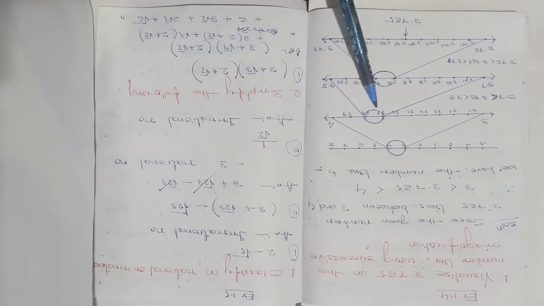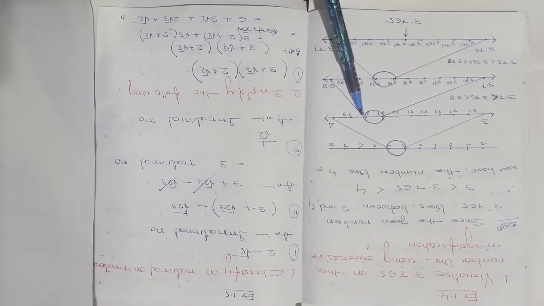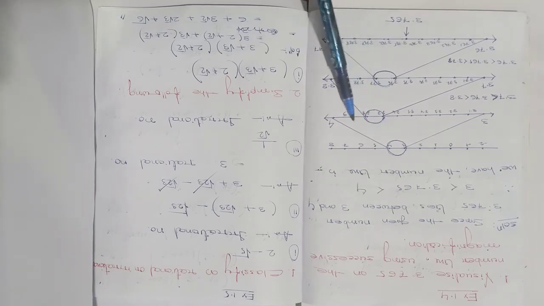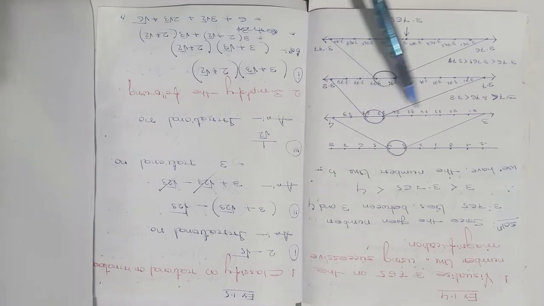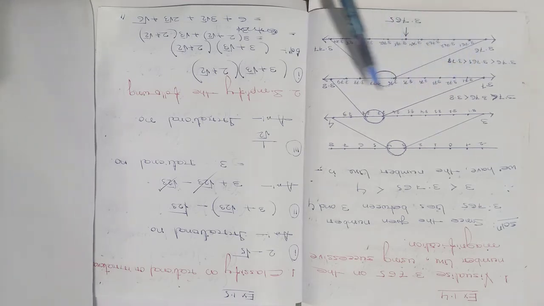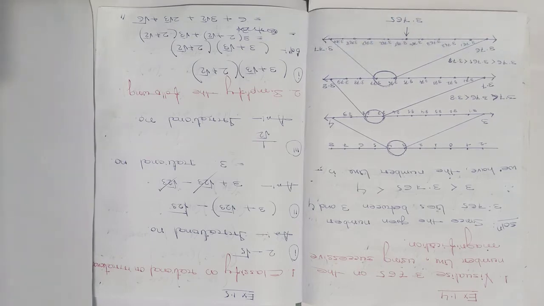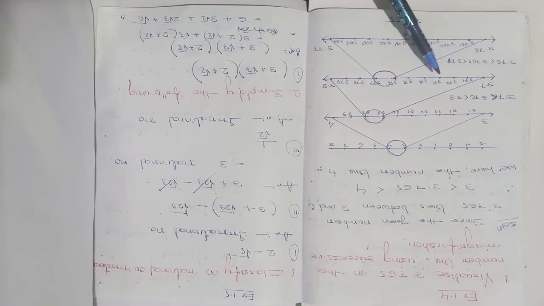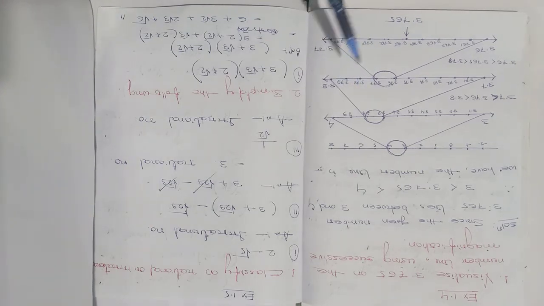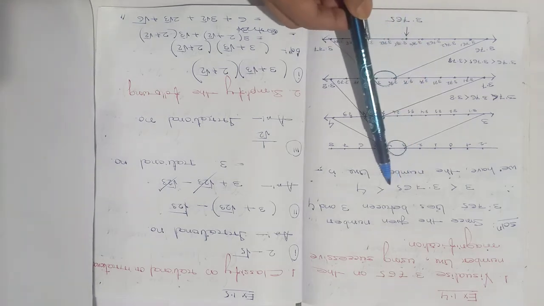So we have to magnify this 3.7 to 3.8. If you magnify this line from 3.7 to 3.8, it will become like this: 3.7 and the last is 3.8. In between 3.7 and 3.8 again there are 9 numbers, like 3.71, 3.72, 3.73, 3.74, 3.75, 3.76, 3.77, 3.78, 3.79, 3.80. Now see, the next number is 3.765.